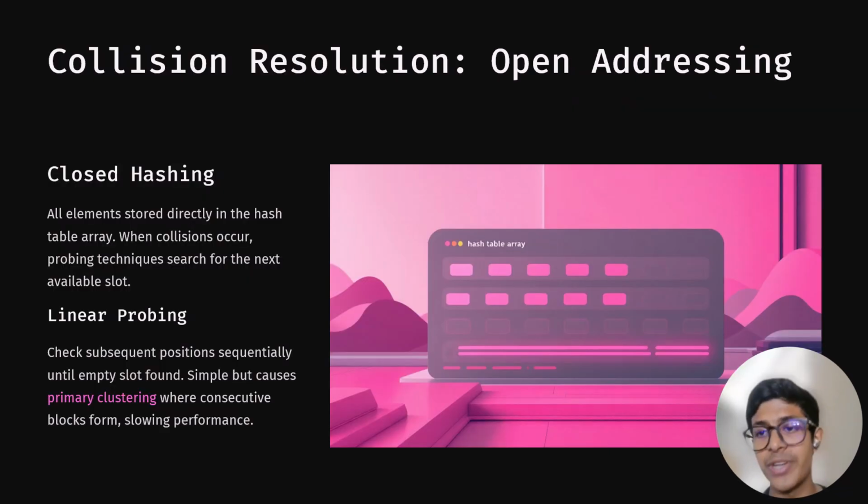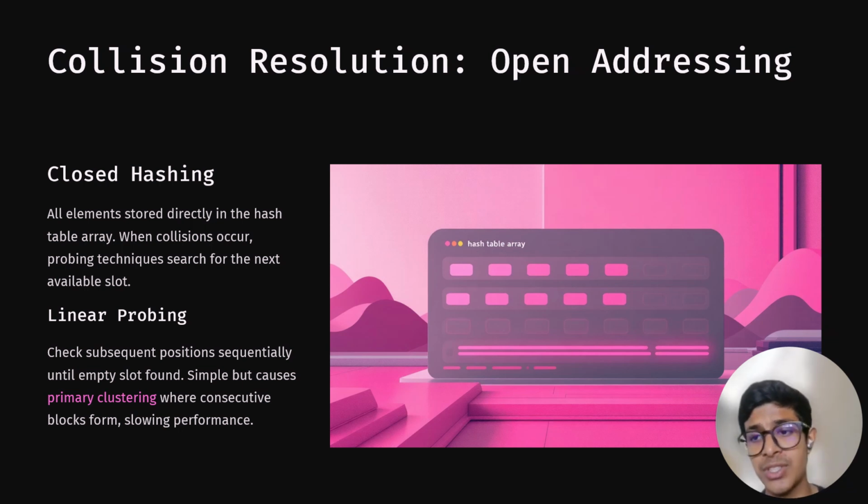Next is open addressing, also known as closed hashing. In this strategy, all elements are stored directly within the hash table array itself. When a collision occurs, instead of building a list outside the table, we use probing techniques to search for the next available open slot within the existing array. The most straightforward version of this is linear probing.